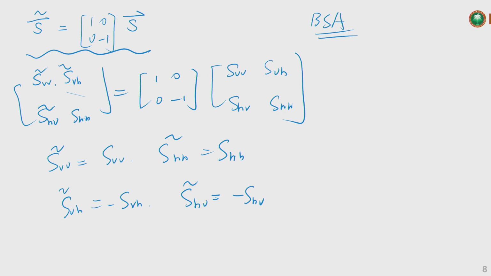So the transmitter K_T and this is the following direction K_R, right? They are along the same line, and so that means S_HV equals S_VH. This is the backscattering.